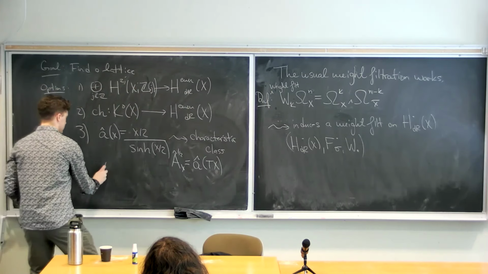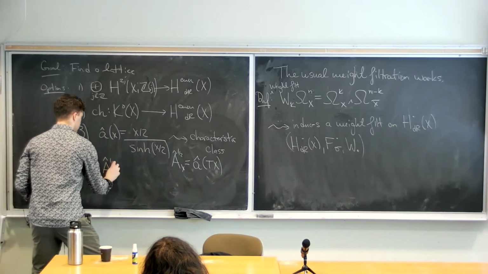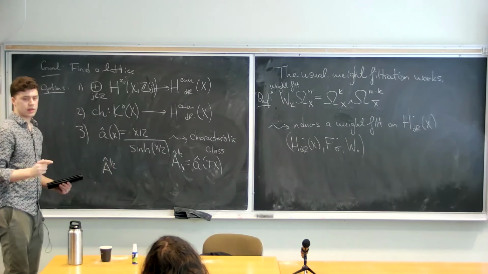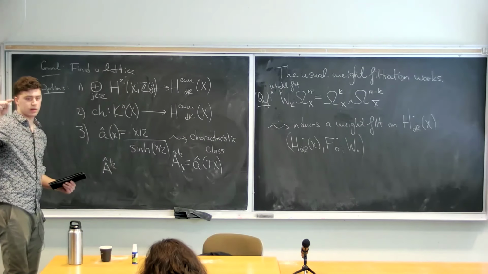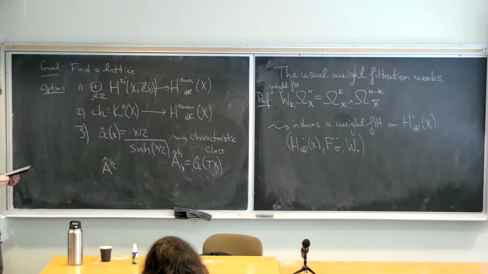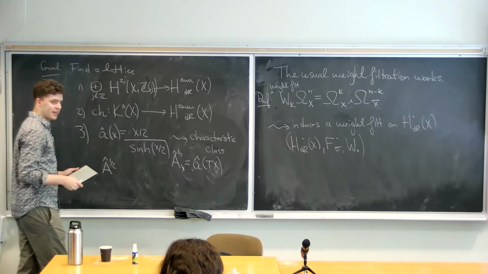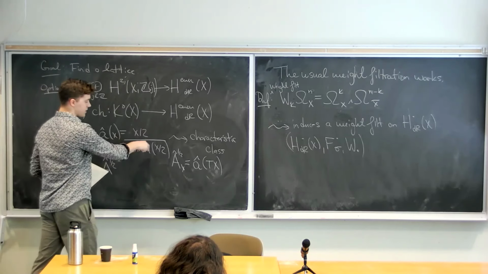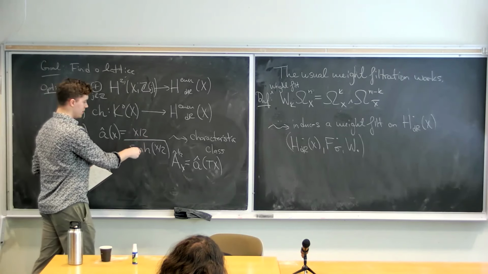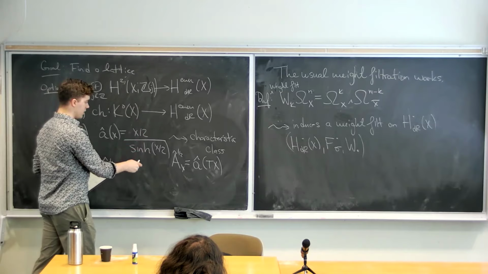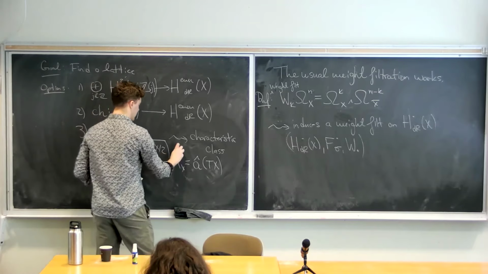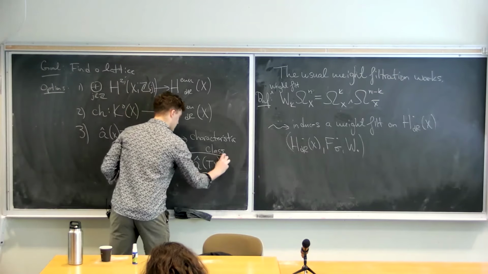So ultimately, there's this. It's the Todd class up to e to the minus c1 of X. Yeah, Todd class. Yeah, so this function has a square root. Sorry, square root of this.